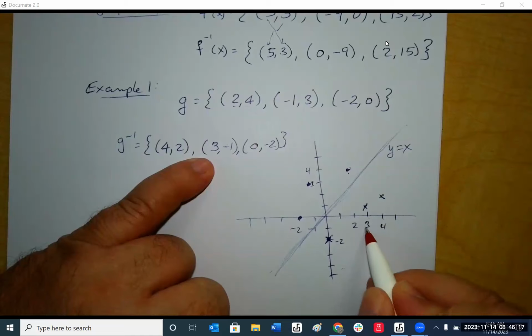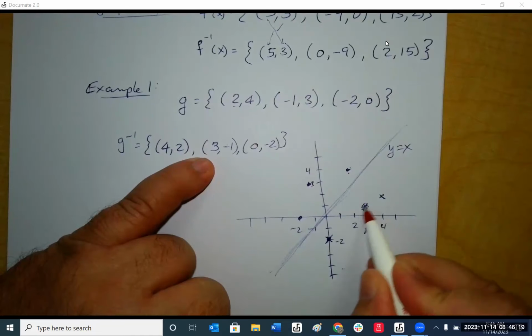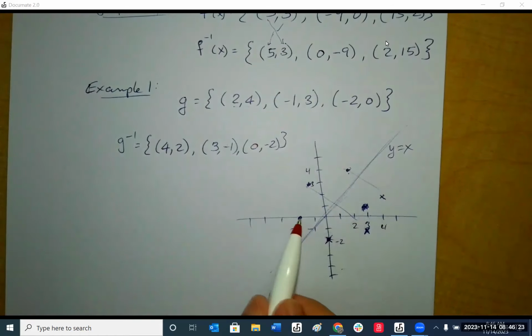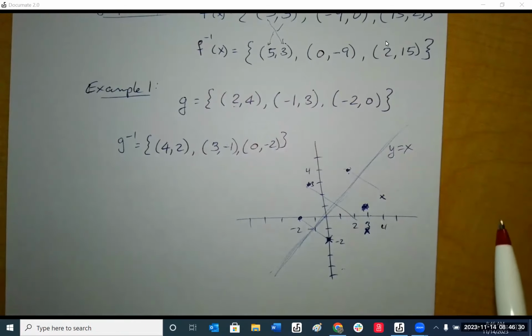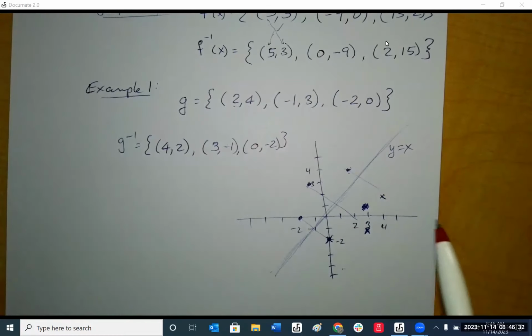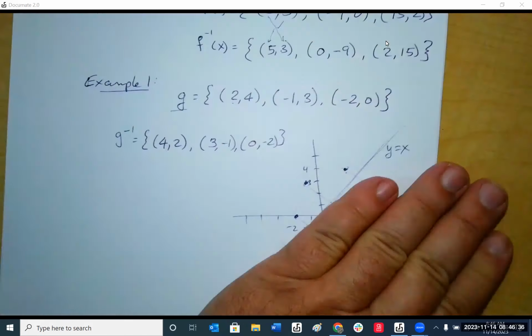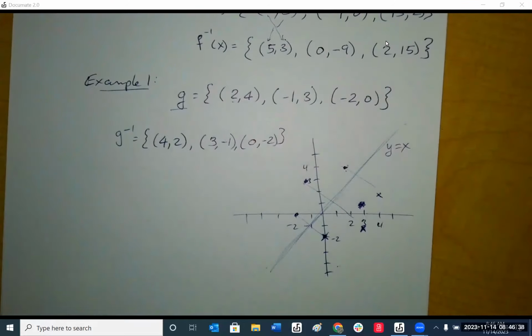I'm sorry, it's down here. So they're all equidistant away. So basically, if you were going to draw a graph of an inverse, draw the graph of the original function and fold your paper on the diagonal. And then what you have on the other side is the inverse graph.